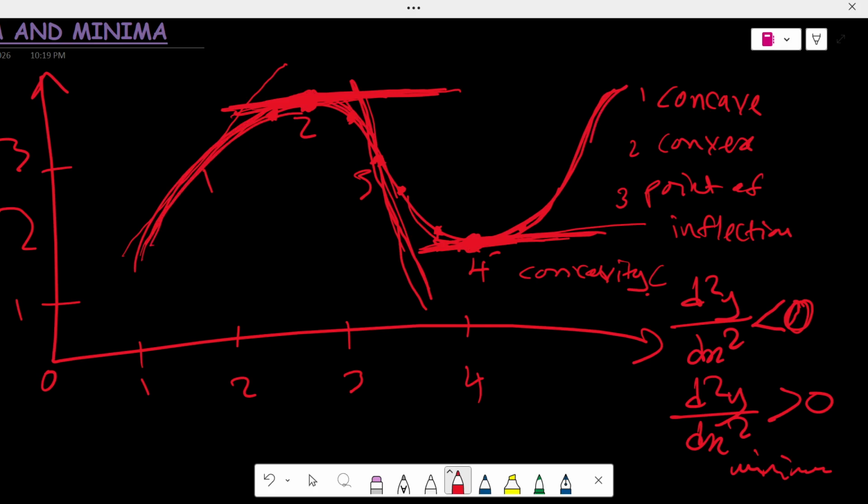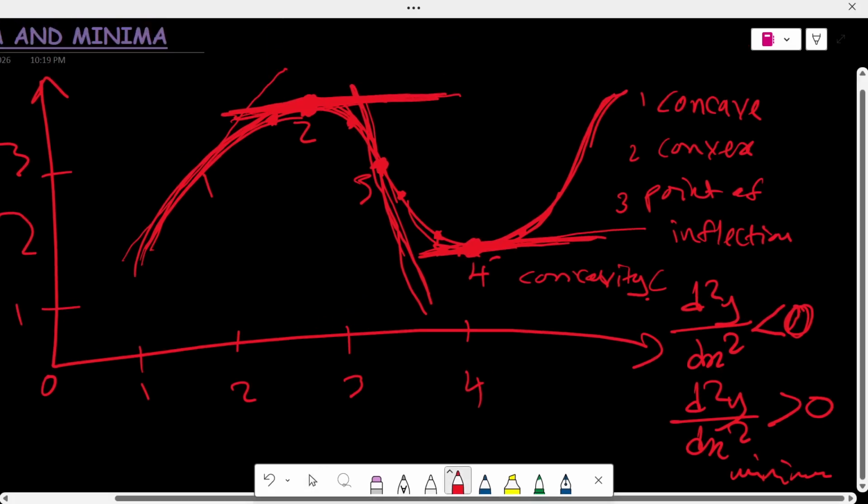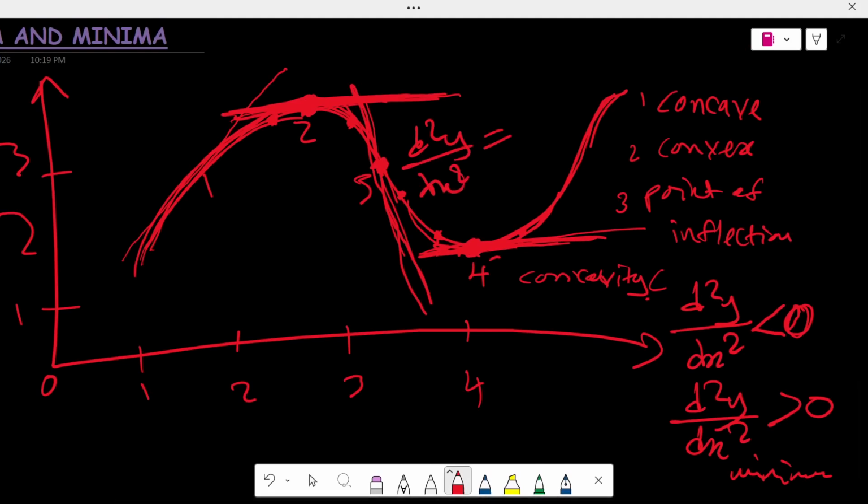All right, so now the point of inflection. The point of inflection is this one now in this case, which is at point 3. So here the second derivative is equal to 0, and when the second derivative is equal to 0, it's really hard to tell whether a function is maximum or minimum.